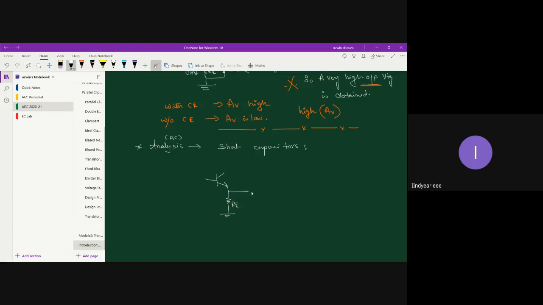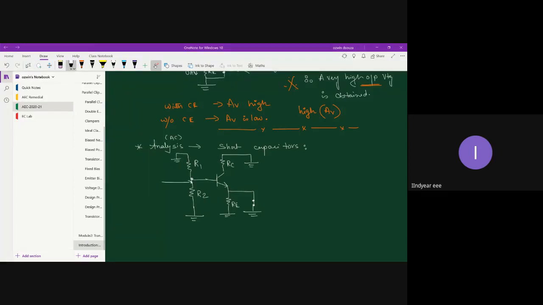Across RE, you have the bypass capacitor, so that capacitor needs to be short circuited. Here you have RC, and VCC is grounded. Then you have R2, with the other end also grounded, and on the top side you have R1. Even the other end of R1 needs to be grounded.